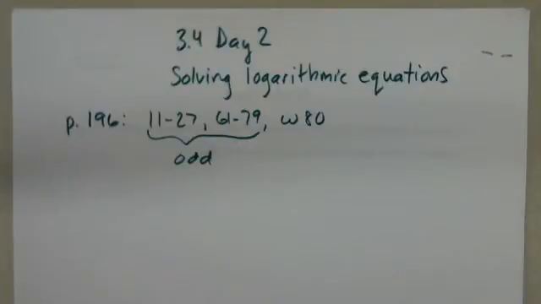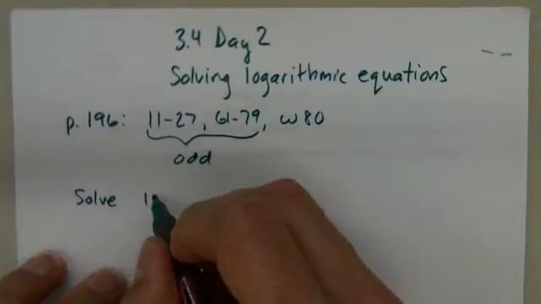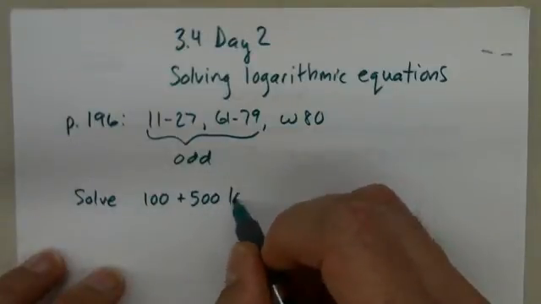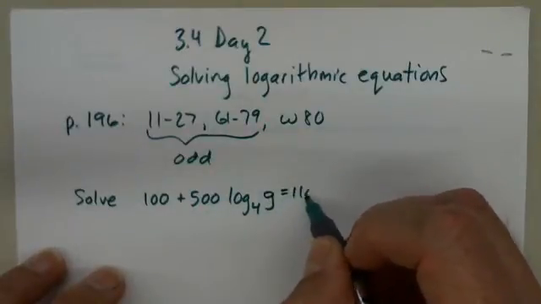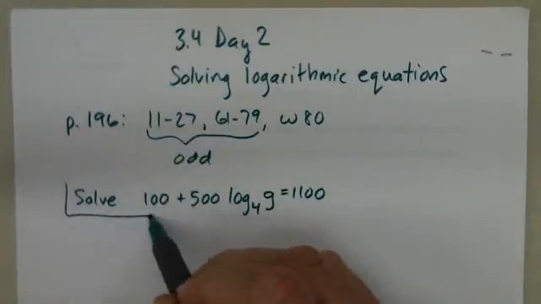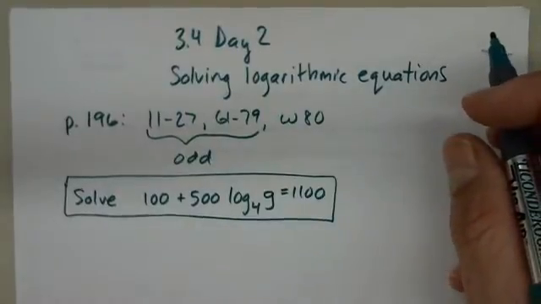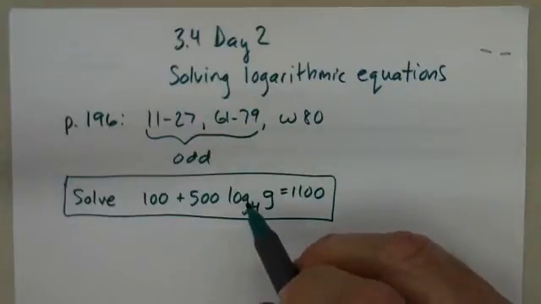All right, so we'll solve logarithmic equations today. And our goal will be to get a logarithm isolated, so then we can do the inverse of the logarithm to cancel it, and that's going to be an exponential.